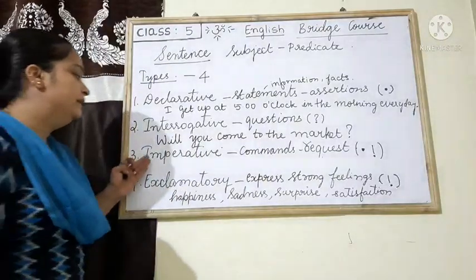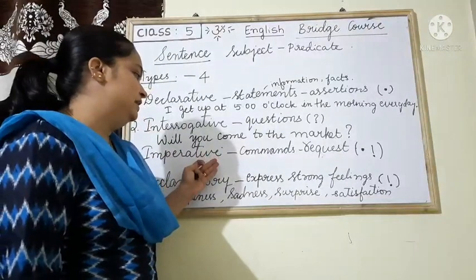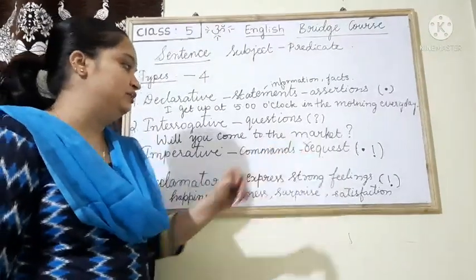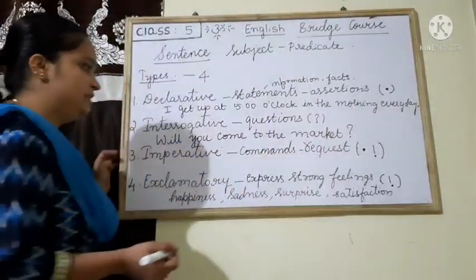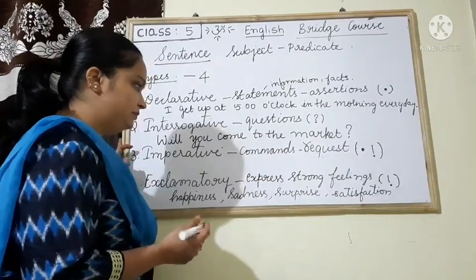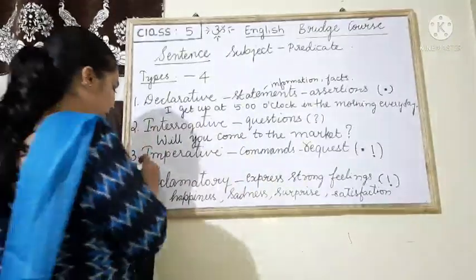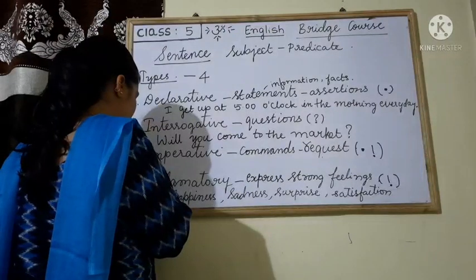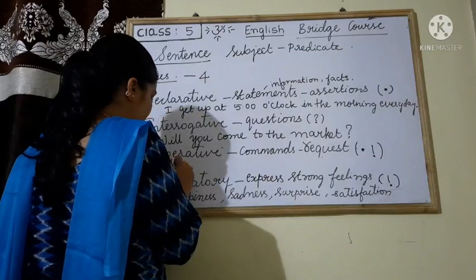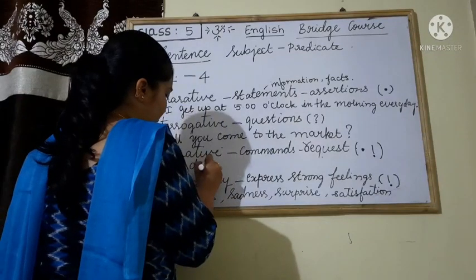And the third one is the imperative sentence, where either we give commands or we request. I will give two examples here. For example, let's say, shut the door.